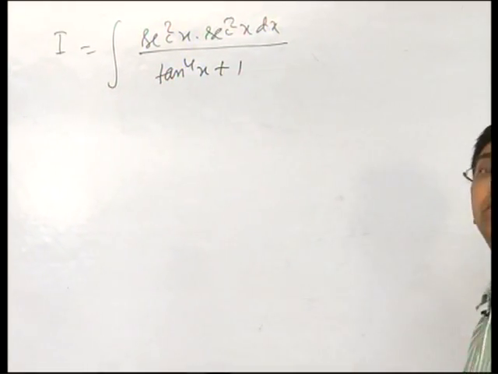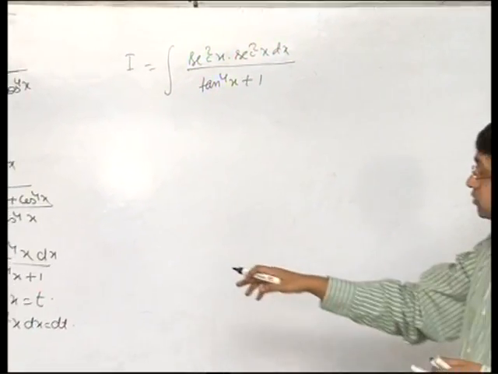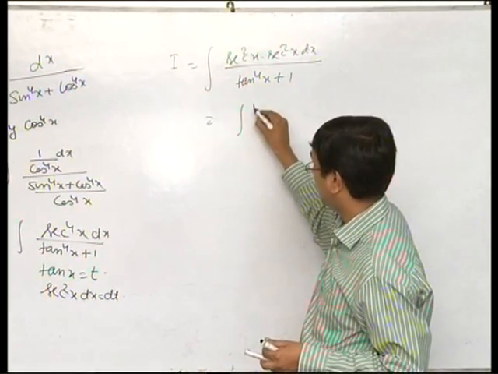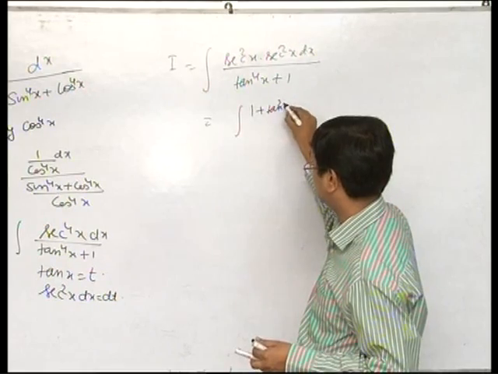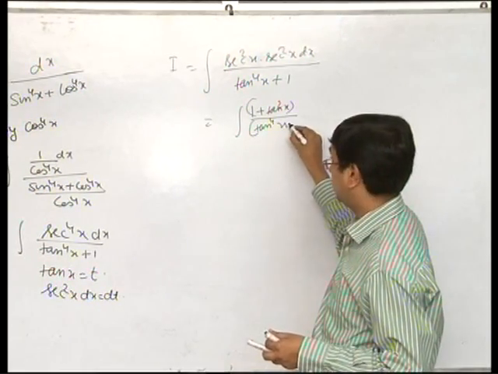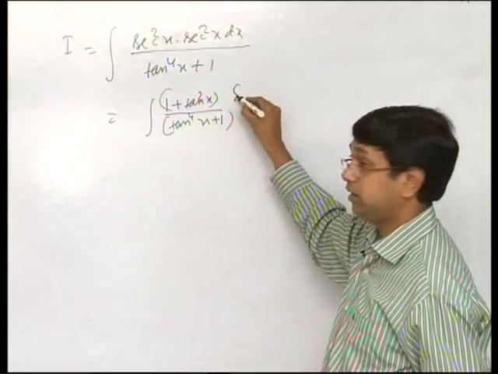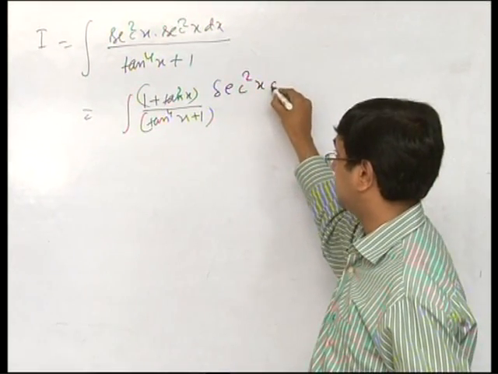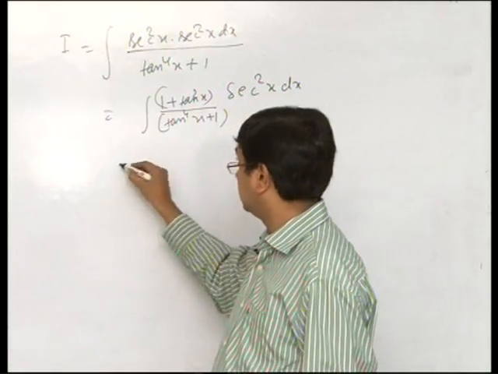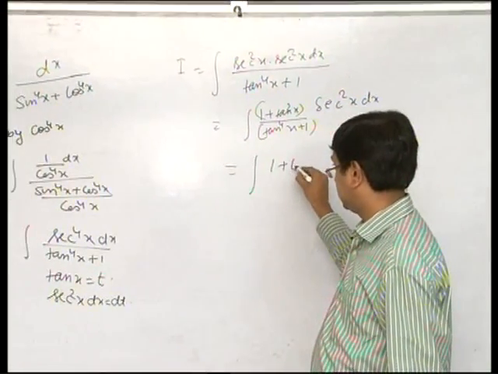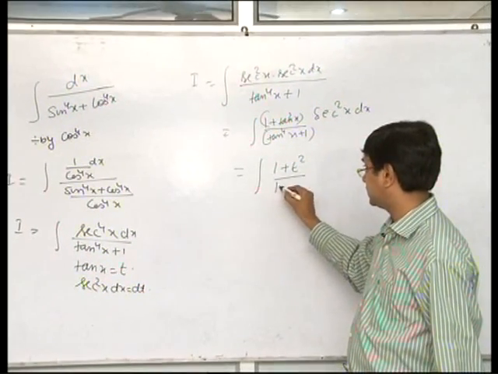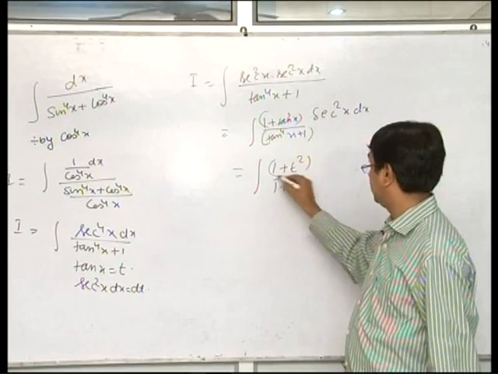So this is the situation right now where sec square x dx, you can see from here, would be dt, and this particularly 1 plus tan square x upon tan raised to power 4x plus 1 and sec square x dx. So now tan x is what? t. So what do we get? 1 plus t square and 1 plus t to the power 4 dt.